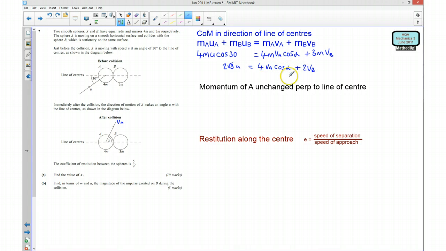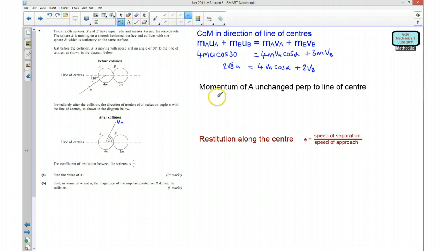Okay, we're now going to form an equation taking into account that the momentum of A is unchanged perpendicular to the line of centres. So perpendicular to the line of centres, the momentum of A before impact will be equal to the momentum of A after impact.